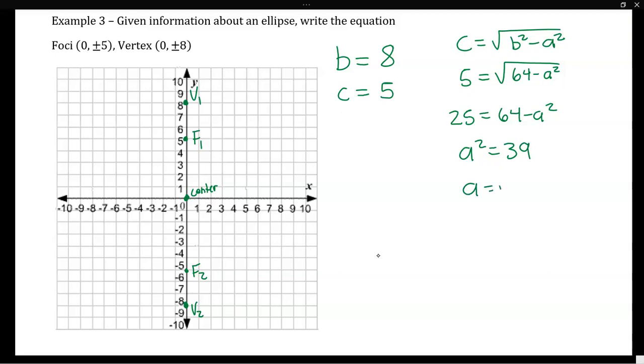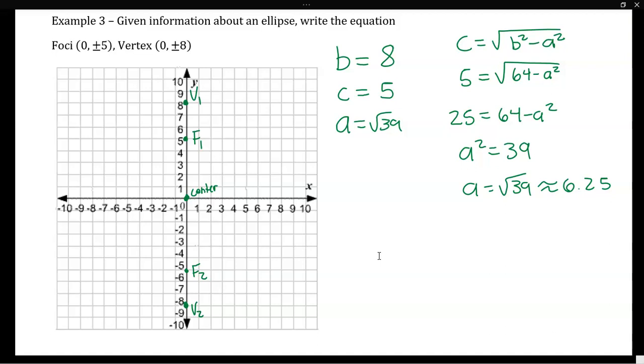And so a is going to equal the square root of 39, which is about 6.24. It's close enough to 6.25, so we'll say 6.25. All right, so now we know a is equal to the square root of 39, but it's also about 6.25 if we want. So now we can write our equation.